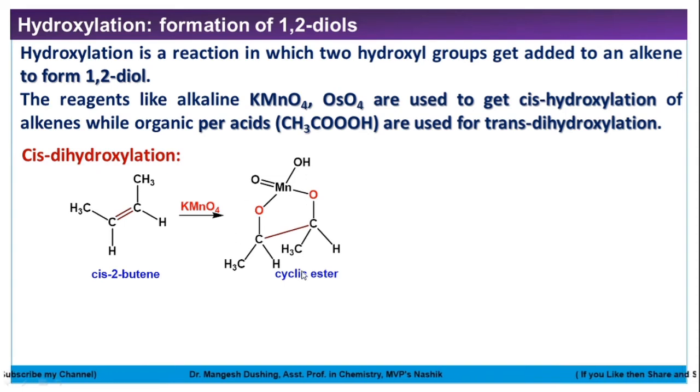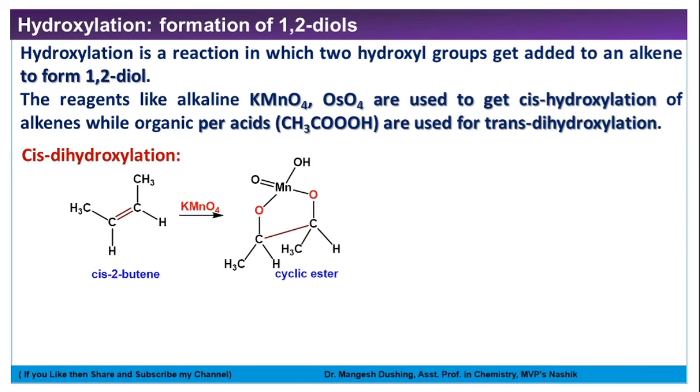So this is the proof that cyclic manganate ester is formed as an intermediate. This is a very short lived intermediate. We cannot isolate this one. But if you label these oxygens, both oxygens are coming into the product. That is the proof that both oxygens come from this potassium permanganate.